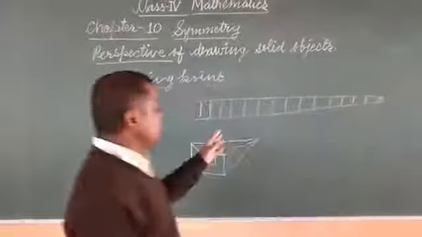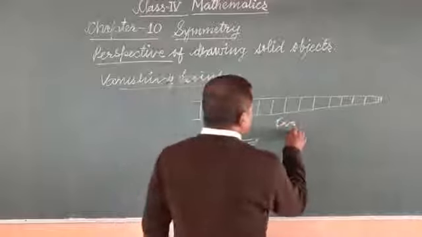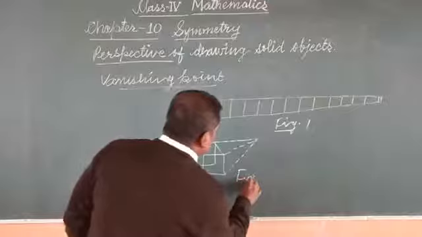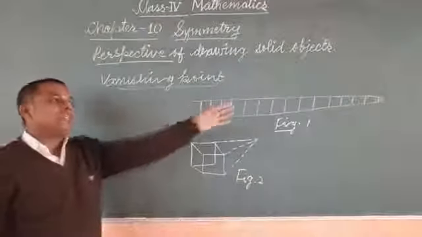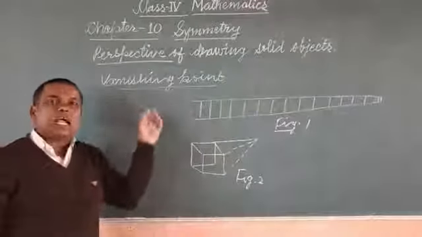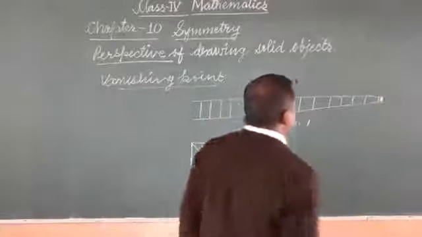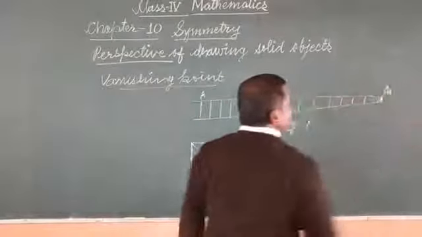So we are drawing these two scenes. Suppose this is figure 1 and this is figure 2. Figure 1 is the figure of a railway track. When we see a railway track, it seems to end at a point, here is point A and here is point A1. Okay.